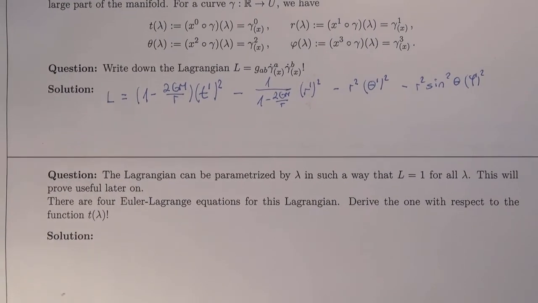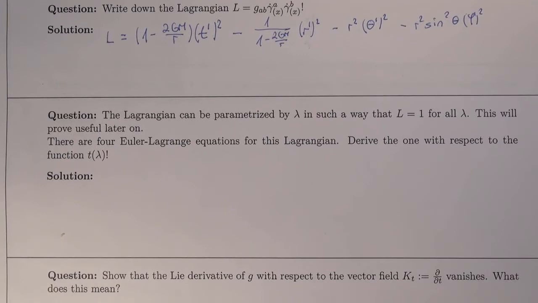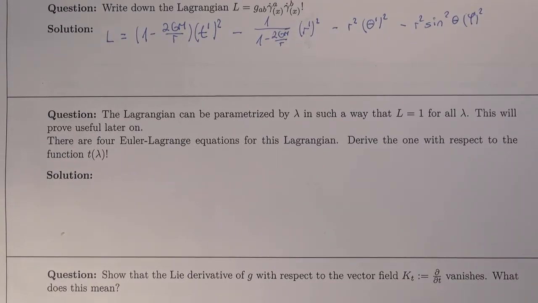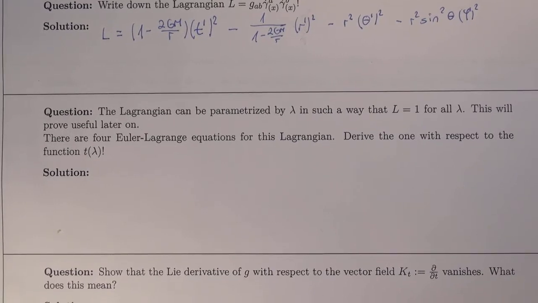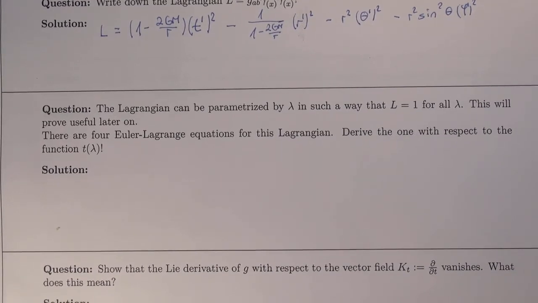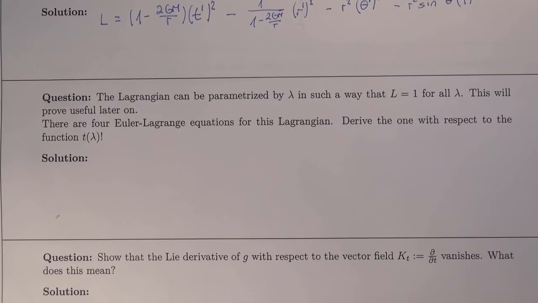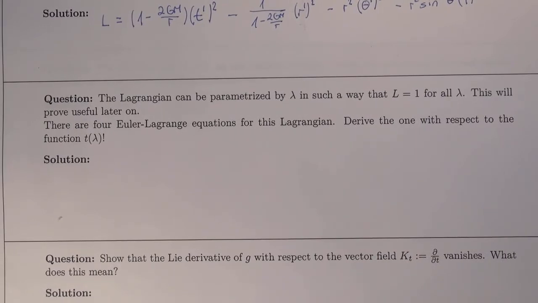So there it starts with a little remark that this Lagrangian can be parametrized by lambda, which we will see is just the eigentime, in such a way that the Lagrangian is equal to 1 for all lambda. Now there are 4 Euler-Lagrange equations for this Lagrangian.